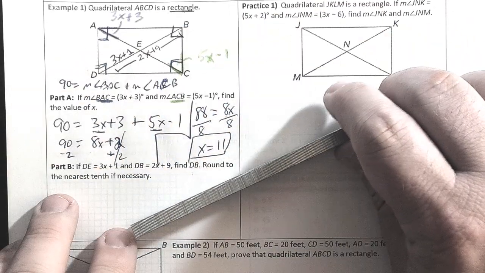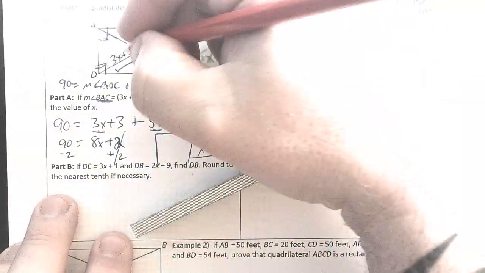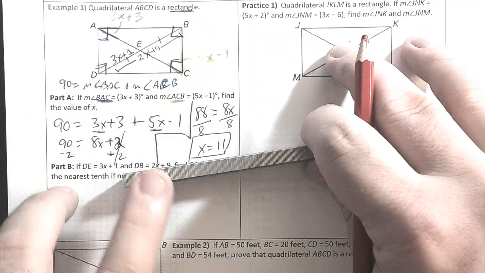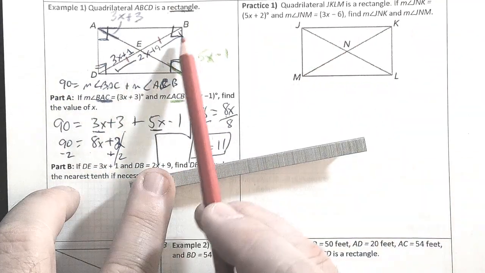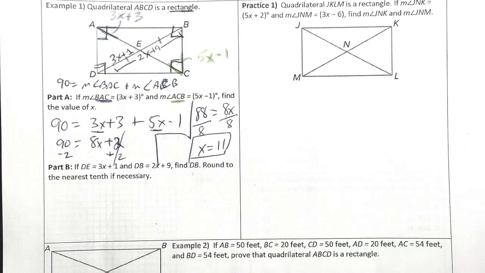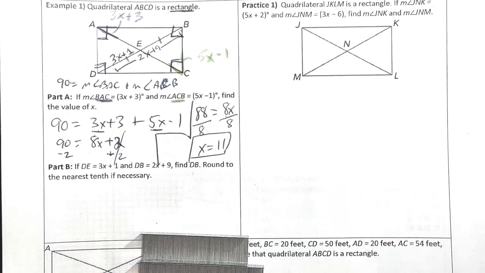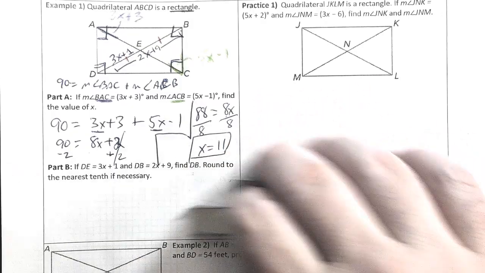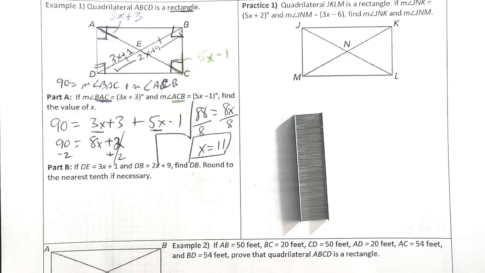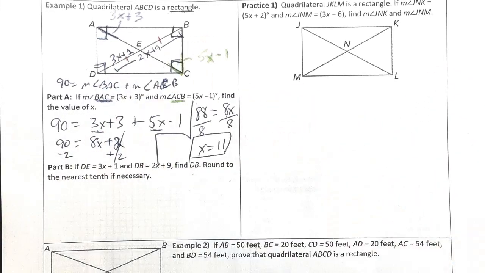We know it's bisected, so each half is 3x plus 1, and together they equal the whole thing.